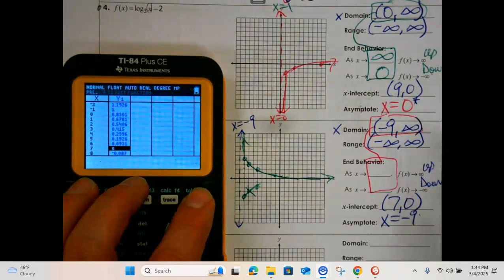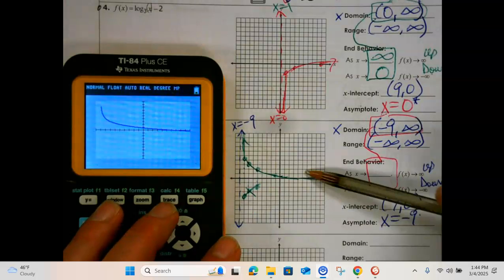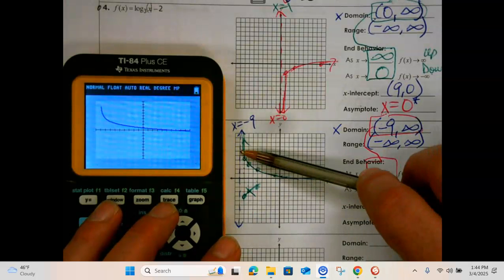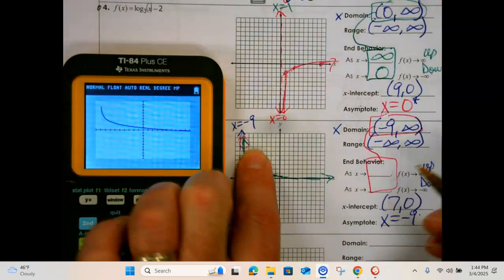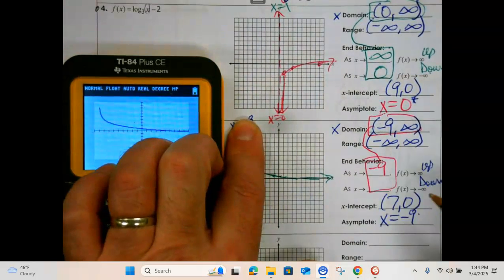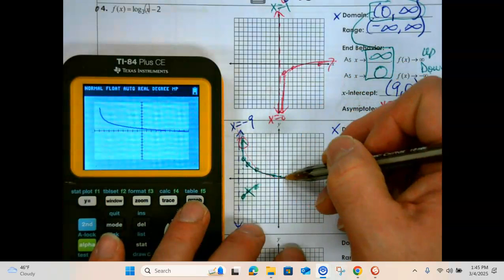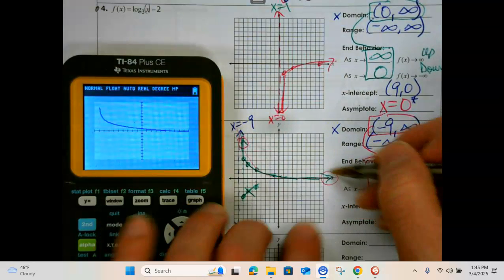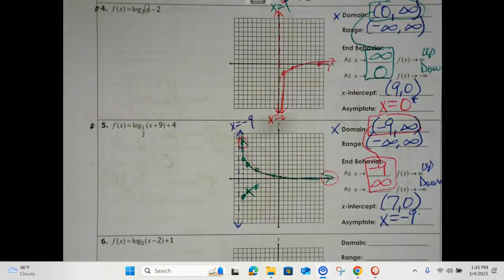Well, this time it doesn't, because as we're going up towards positive infinity, there's the up arrow. I'm getting really, really close to the asymptote this time. And as I'm going down and leveling out, I'm going forever to the right.